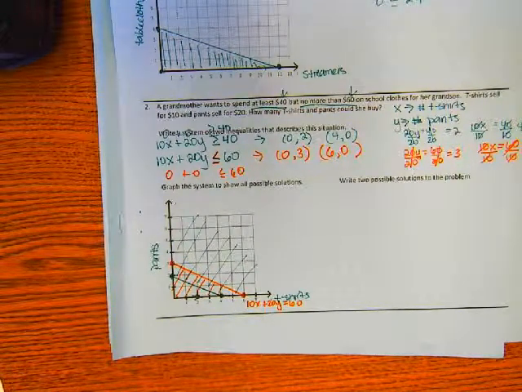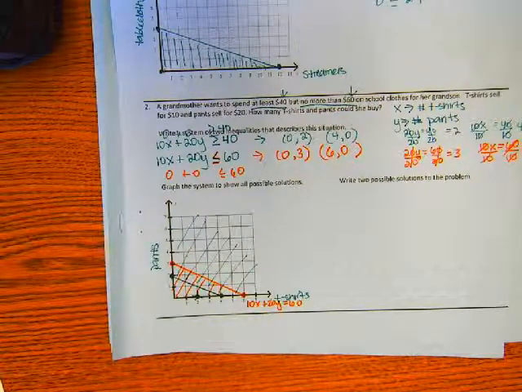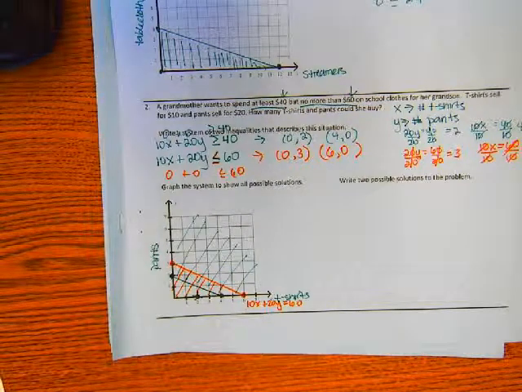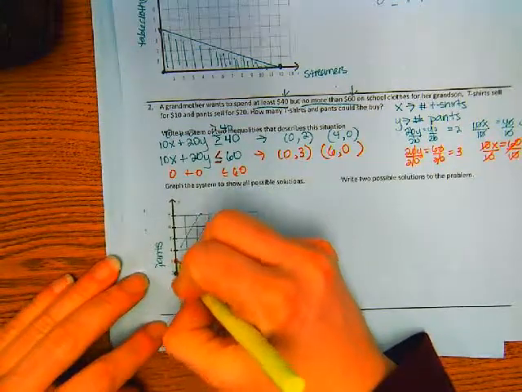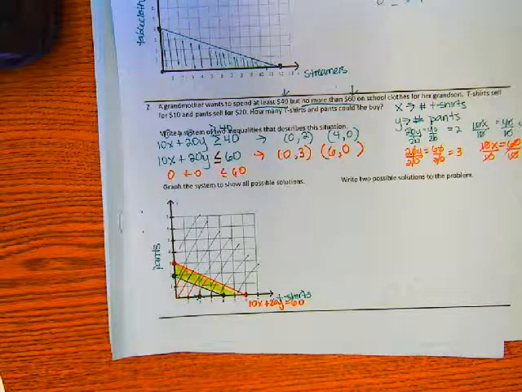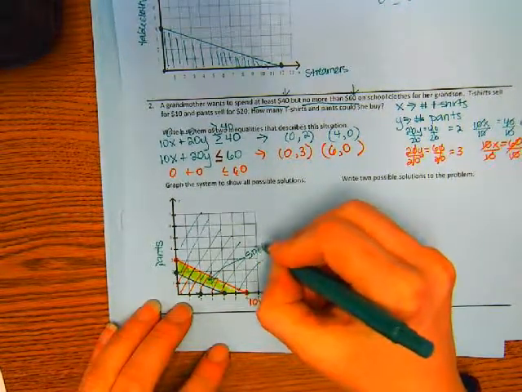In other words, where does the shading overlap for those lines? We talked about this yesterday. So I am going to fill in darker now, or if you have a highlighter, you could highlight it, I suppose, what they have in common. That area is the solution.